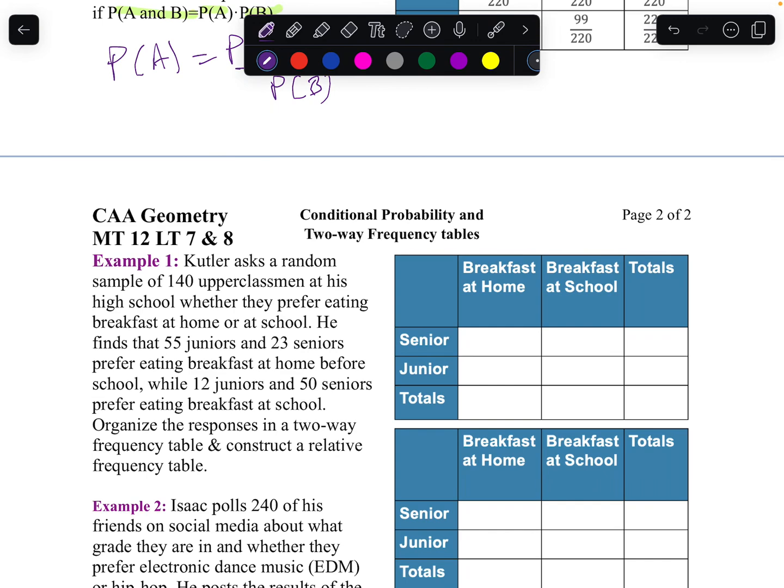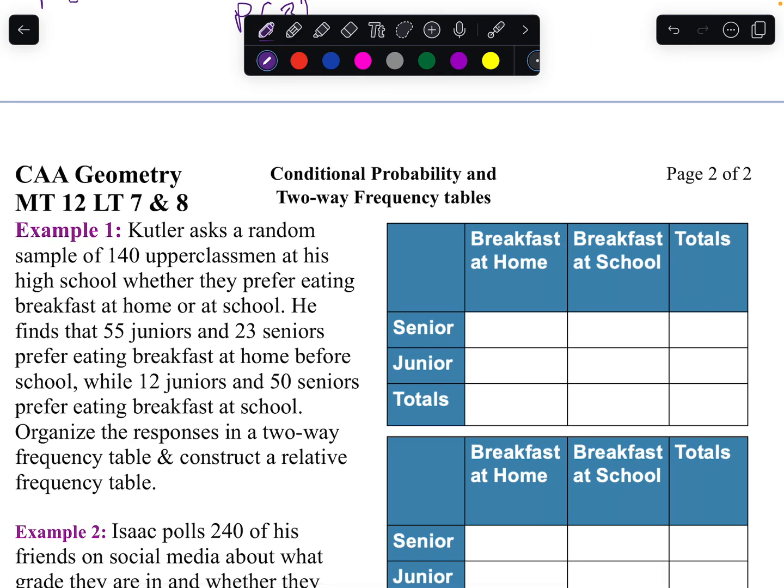So we can fill that in: 55 juniors and 23 seniors prefer eating breakfast at home before school. Well, 12 juniors and 50 seniors prefer eating breakfast at school.